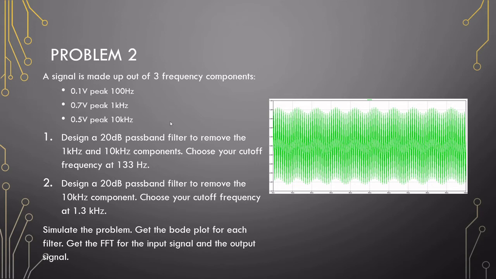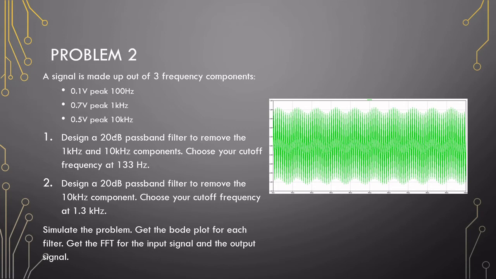like in problem 1. I tell you to design this at 133 Hz to remove the 1K and the 10K. And in the second problem, to design for 1.3 kilohertz. This is to keep the 100 and the 1 kilohertz signals intact and just remove the 10 kilohertz signal.